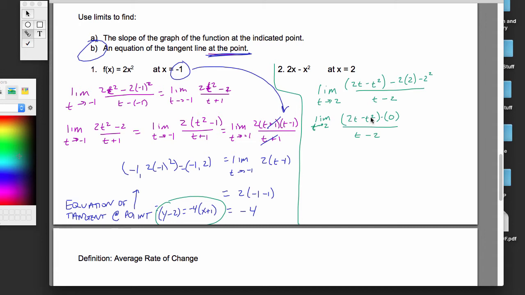Well, you kind of see in here, I could factor out a t. So the limit as t approaches 2 of t times 2 minus t. So they're flip-flopped, which means I need to factor out a negative. So here we go. The limit as t approaches 2, and if I factor out a negative, I've got negative t times t minus 2 over t minus 2.